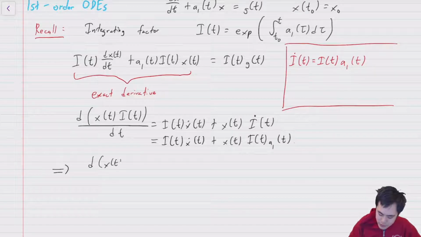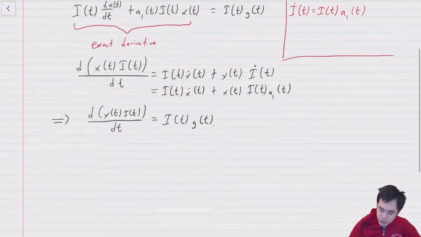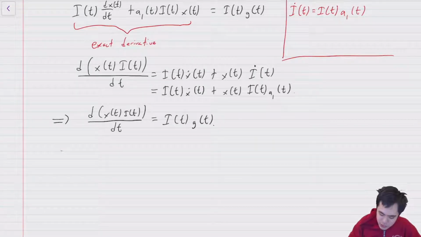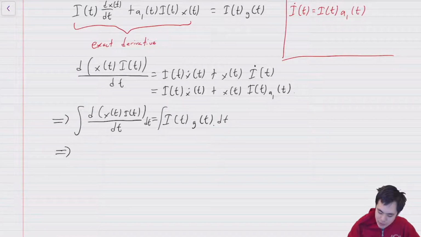So together, this implies that d/dt of x(t) I(t) equals I(t) g(t). We're going to use the standard abusive notation and take the integral of both sides with respect to t. You can think of the dt's as canceling. This is not mathematically precise, but it can be made so.